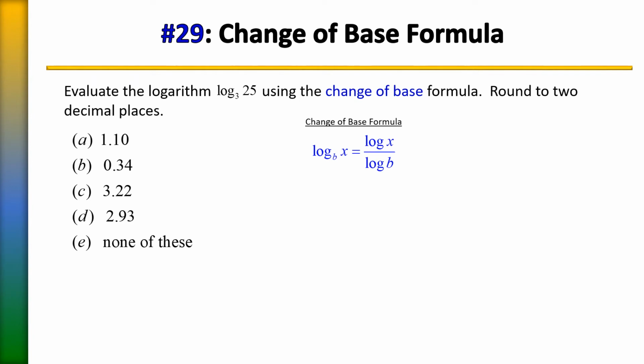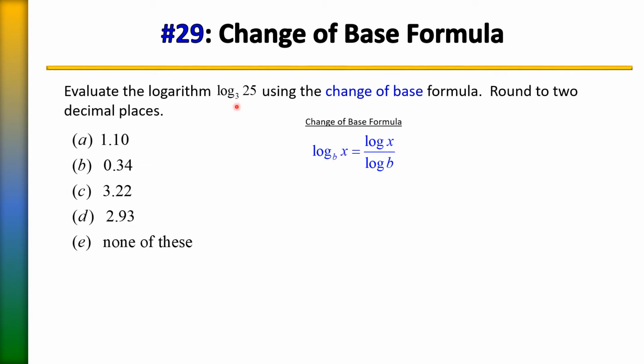Log base b of x is the same as saying log x over log b. You can think of it as kind of moving in a backward motion here. So you have the log, and then you have x on top, and then b is on bottom, so log x over log b.